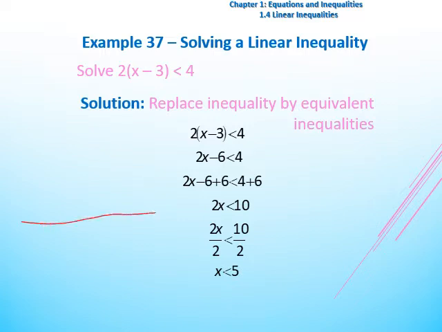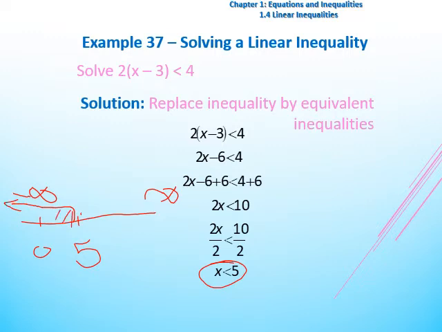Let's imagine it on the line of x. If we have 5 here and this is 0, with the numbers going from positive infinity to negative infinity, the solution is all the values less than 5, from 5 down to negative infinity. And 5 is not included because the inequality doesn't have the equal sign.